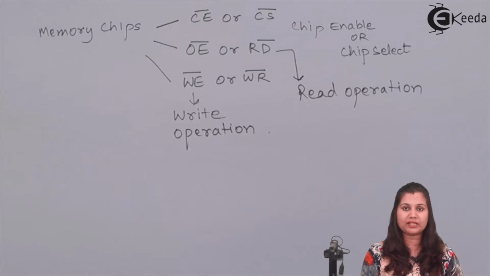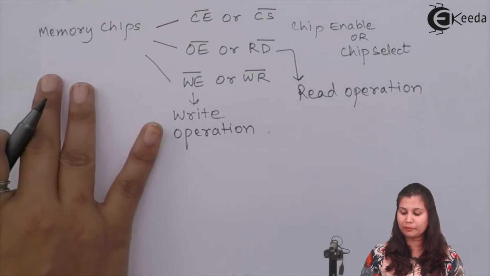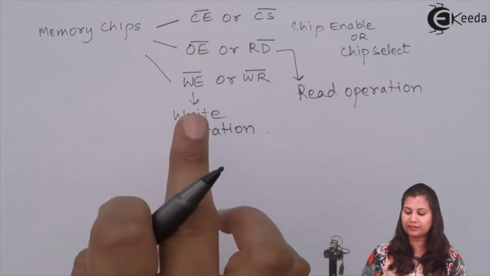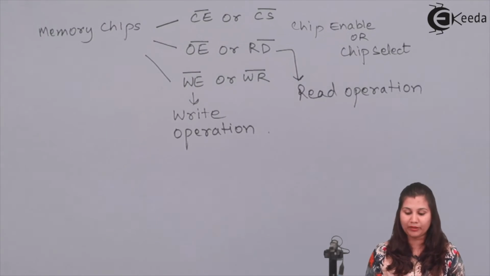So the microprocessor uses the three signals, IO/M bar, read and write, and the memory chip uses the chip select signal, the output enable and the write enable signals while the interfacing process is being performed.